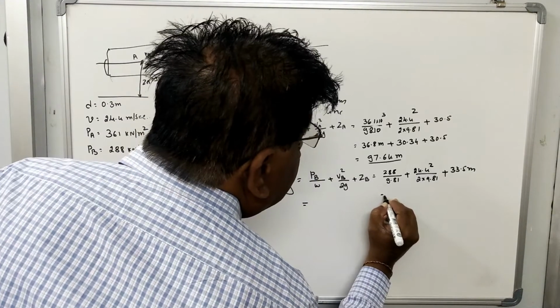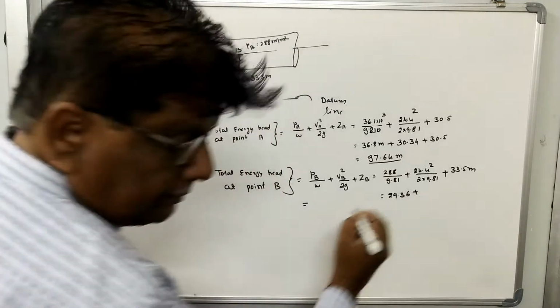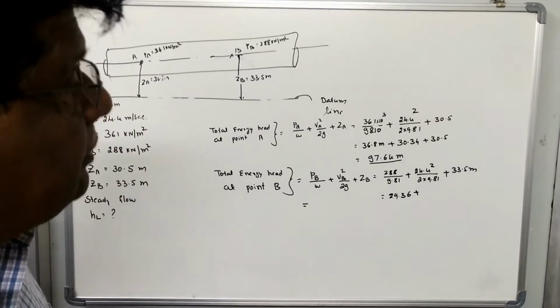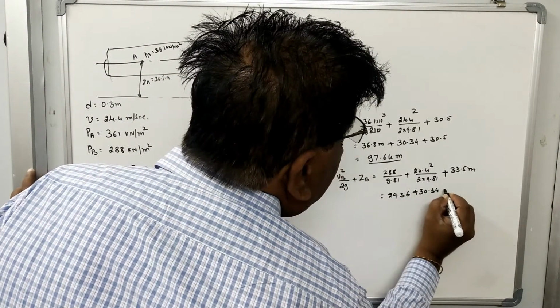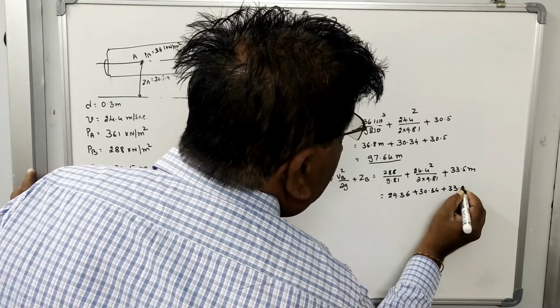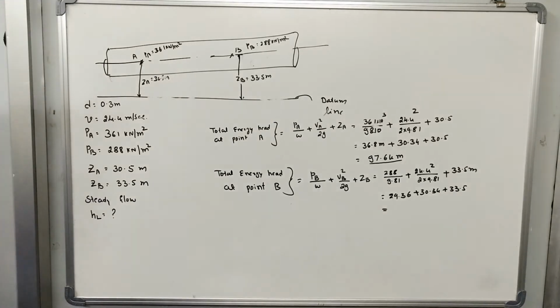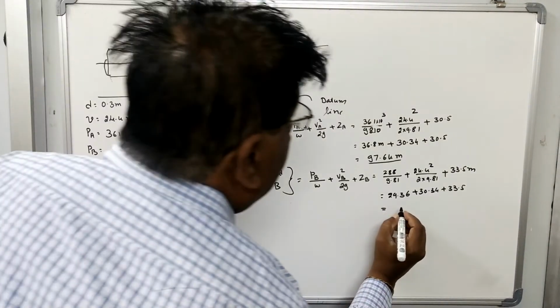This is equal to 29.36 plus 30.34. This is 30.34 plus 33.5. Therefore, this total energy head at point B is 33.5.